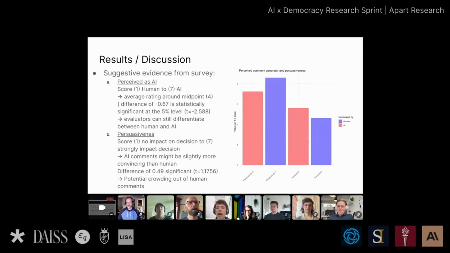So on average, people are fairly uncertain whether a comment is AI or human. But on average, they're still able to differentiate. The difference is statistically significant. If you look at persuasiveness, the difference is not significant, but if anything, one could guess that AI might be a little bit more persuasive.